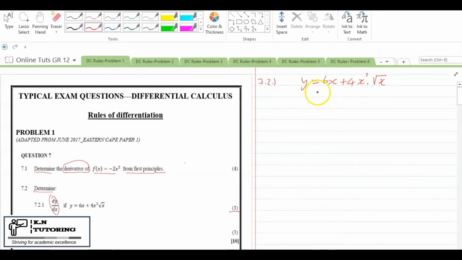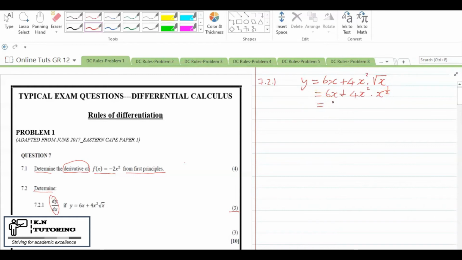So I'm simplifying: 6x plus 4x squared. Now the root of x is the same as x to the exponent 1 over 2.